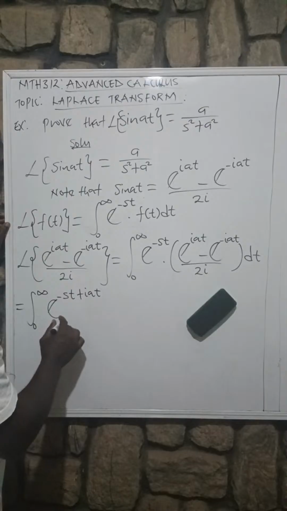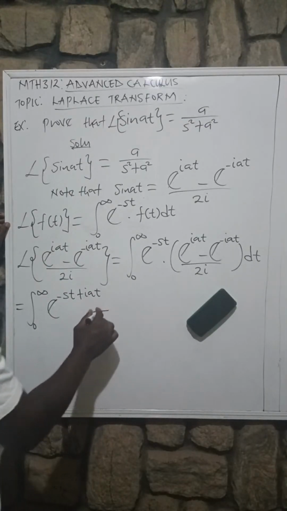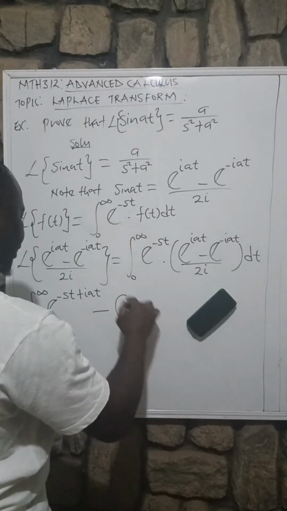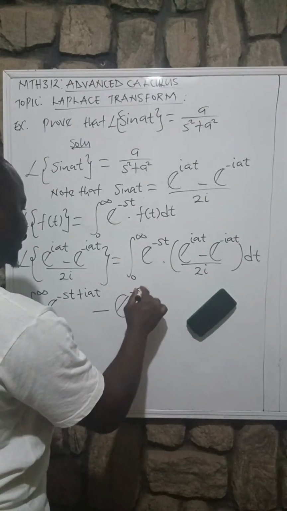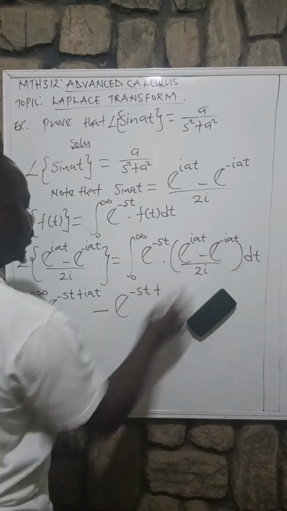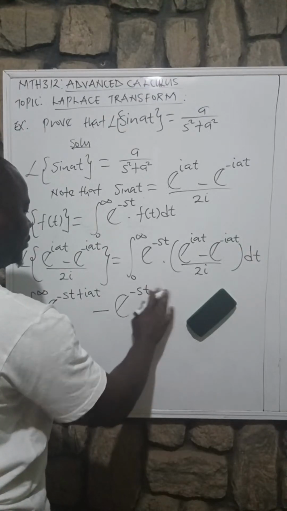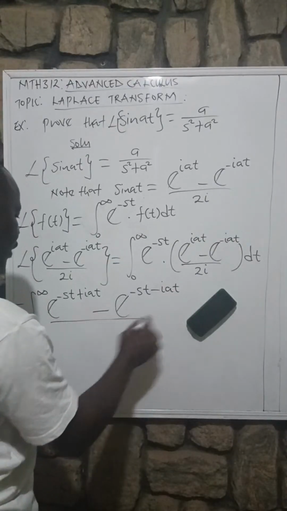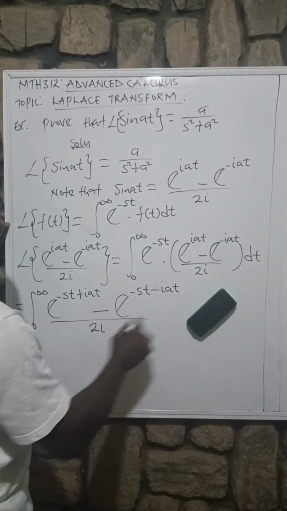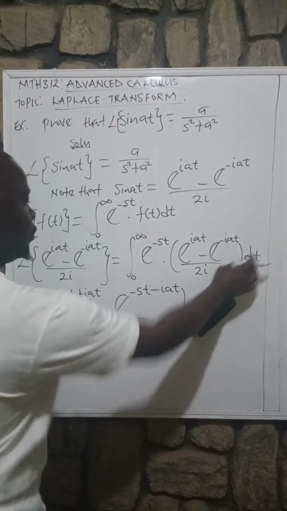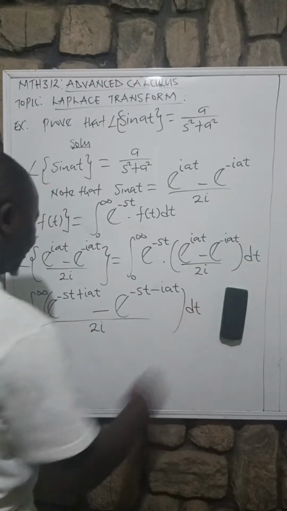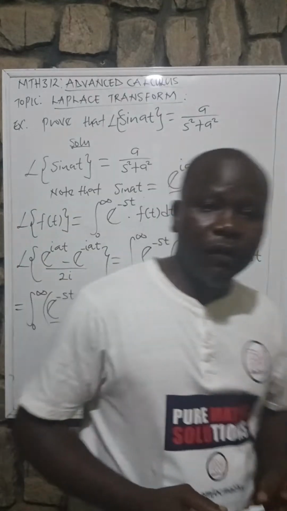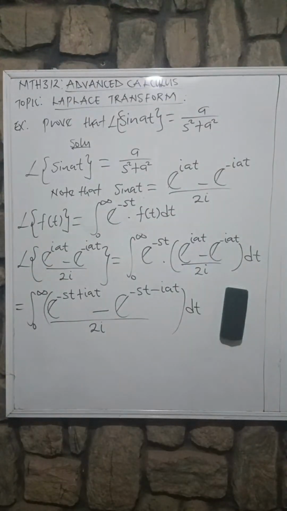Then minus, use this to multiply this, exponential minus st plus minus, true or false. So minus times plus here will be minus i at, then all over 2i, close the bracket, dt. Abdulaziz, are you following? Hope you are following.